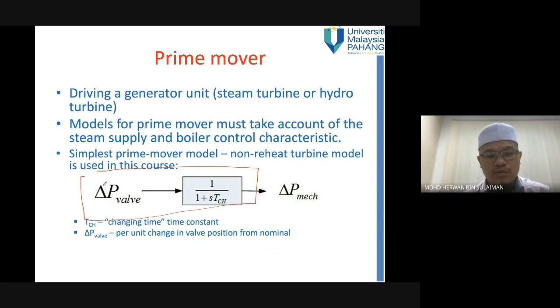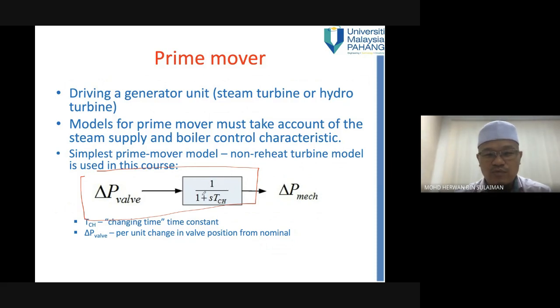Okay, this one is simplest one lah. So we have your delta valve. Maksudnya kat sini bila you ada perubahan load, your load suddenly increase, now your frequency not equilibrium, maknanya frequency akan jadi slow kan. So dia akan open the valve to make sure that there is more mechanical input to make sure your Pm is increased, to make sure that your frequency is always constant lah. So this is a block diagram for prime mover.